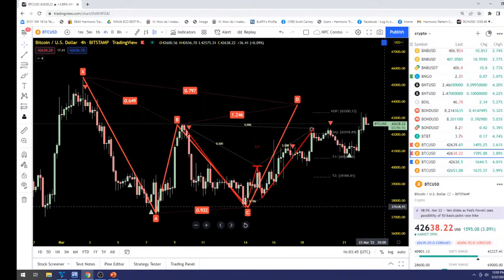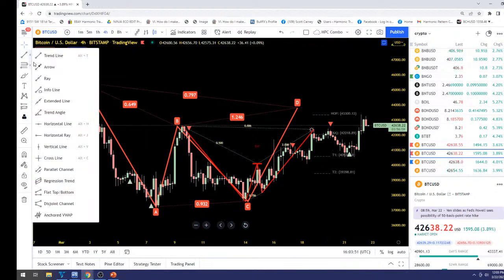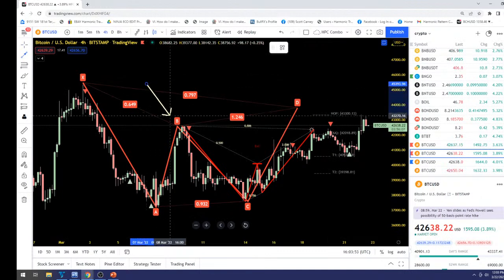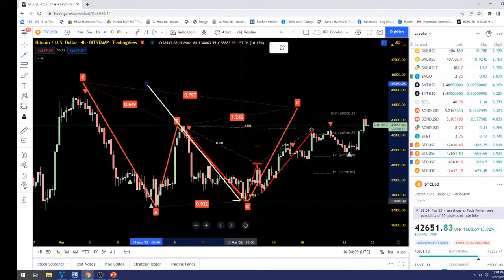Now, I'm not going to say that this is not a Gartley because you do have your B point at a 618. It's really a 65%. The exact number is 618 plus or minus 3%. So we could go 64.8, but we don't want to go much more. The problem with this Gartley is this C point at roughly a 93%.